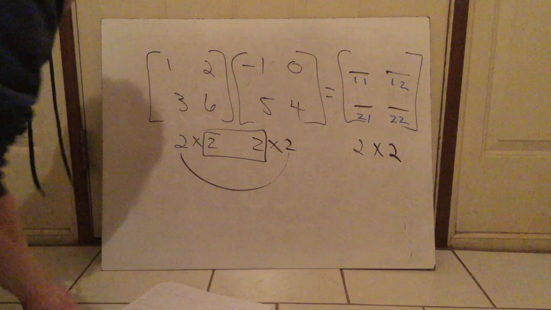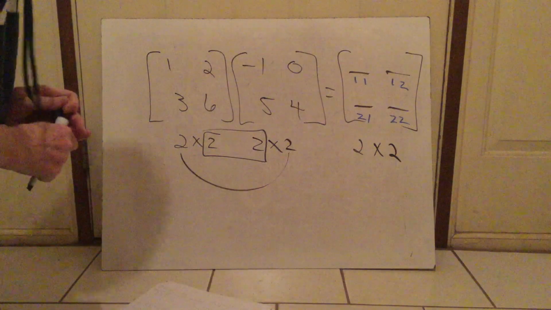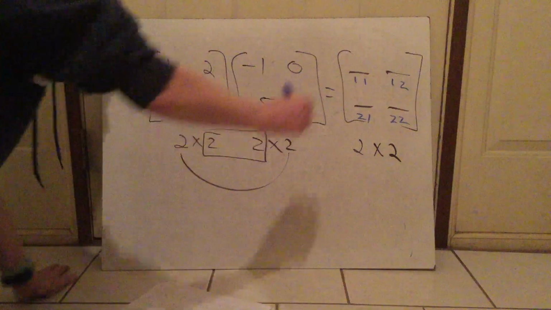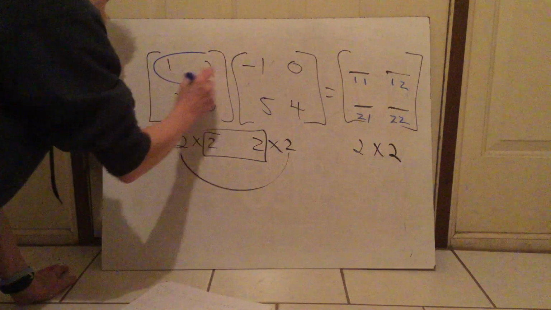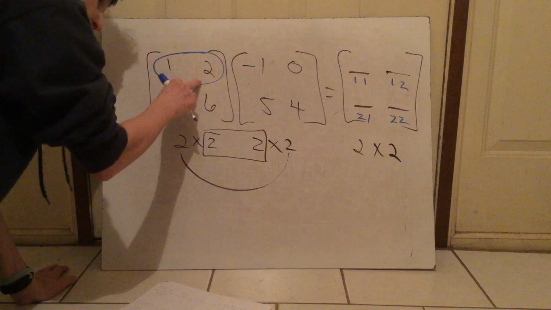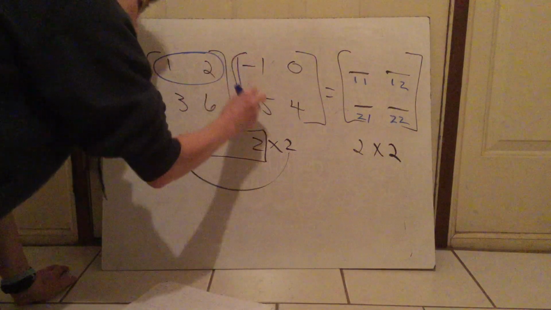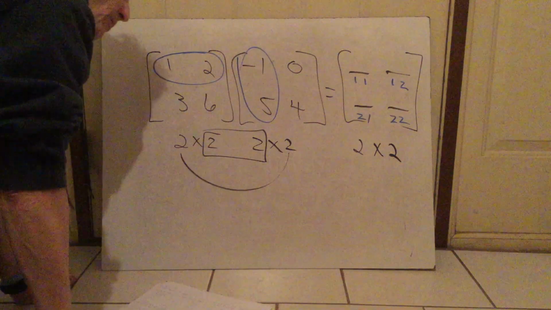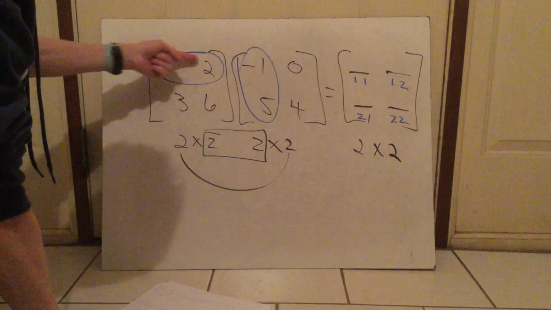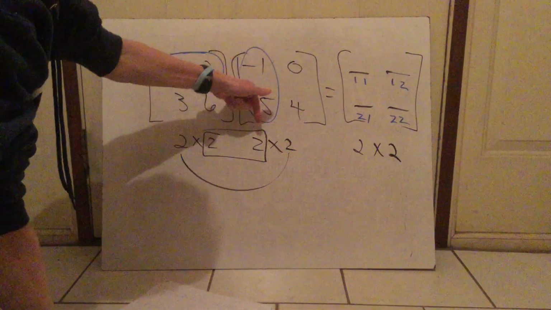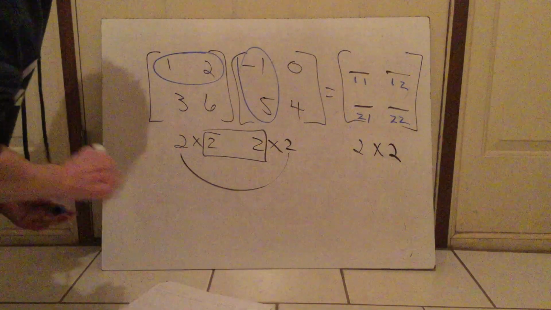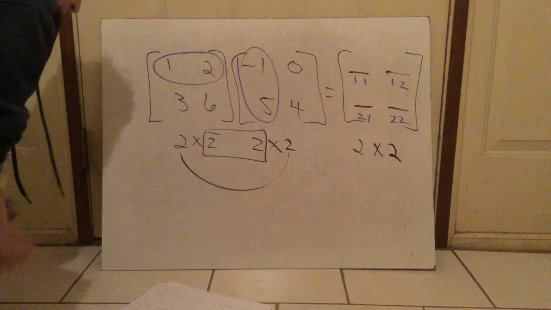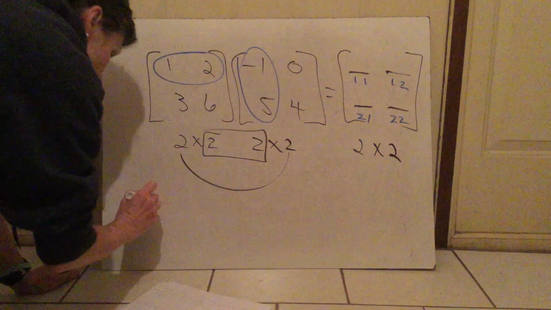To find the number that goes in the first row, first column, we're going to take the numbers in the first row and multiply them by the numbers in the first column. This is row 1. This is column 1. That's the 1, 1 spot. So, to be organized, I'm going to write down my numbers in the row.